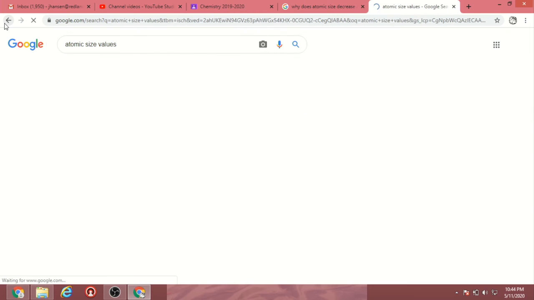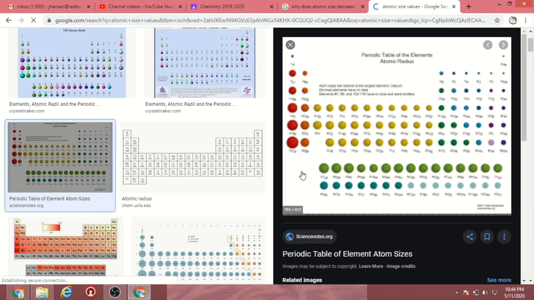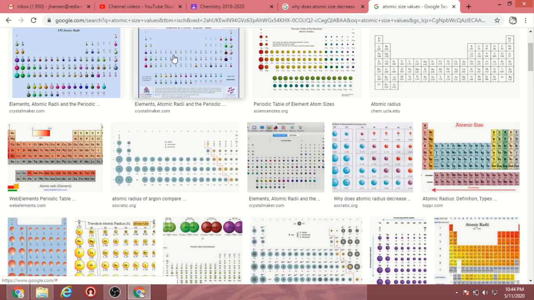Check this out. This is the one I usually pass out in class. See how the transition metals kind of look the same? They don't really change size too much. They don't really have a value.